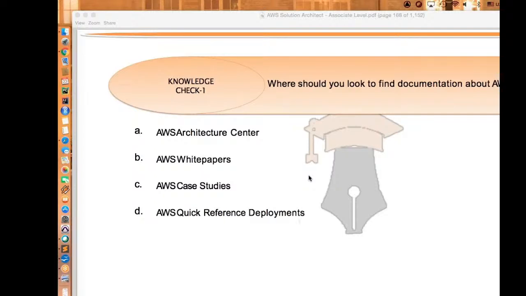It has multiple answers. You can choose multiple answers. Yes, okay. I don't believe it will be case studies. It will not be case studies. I will also use C and D.